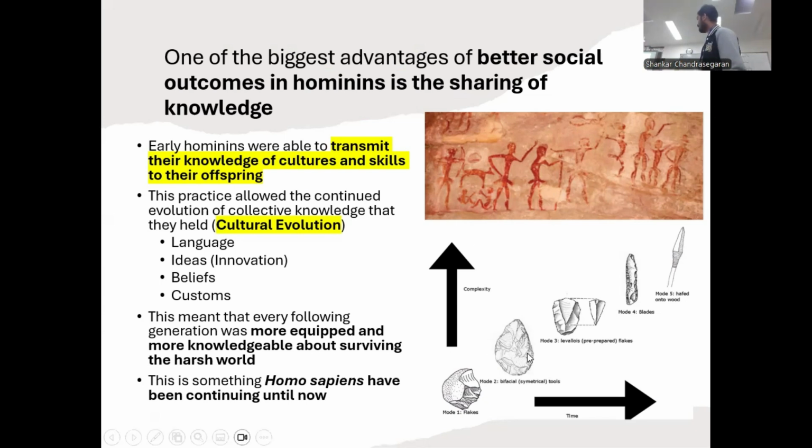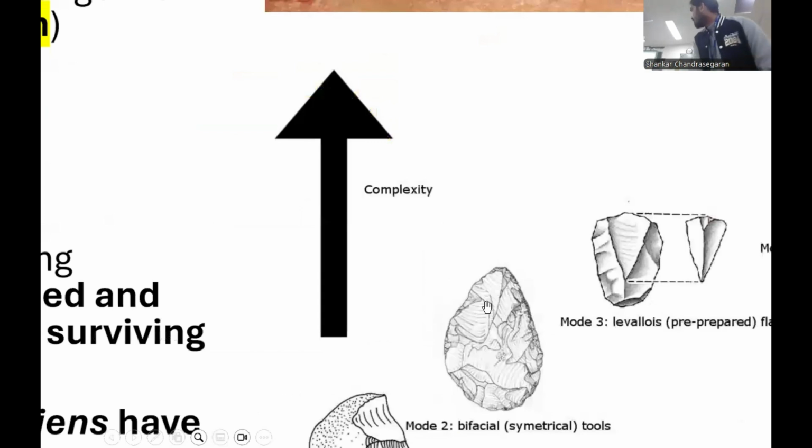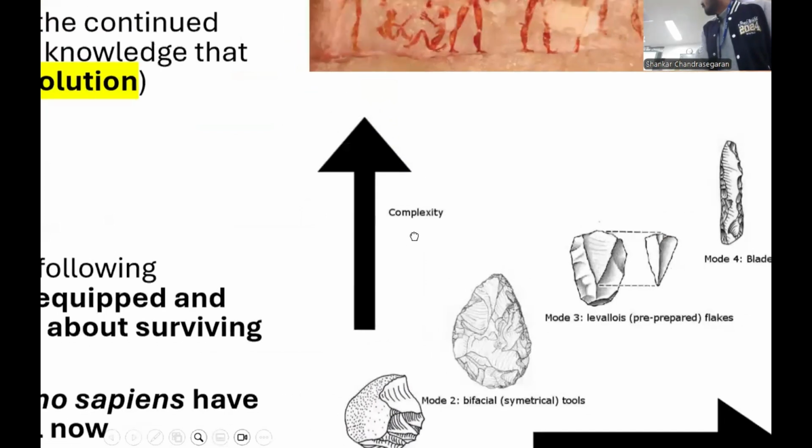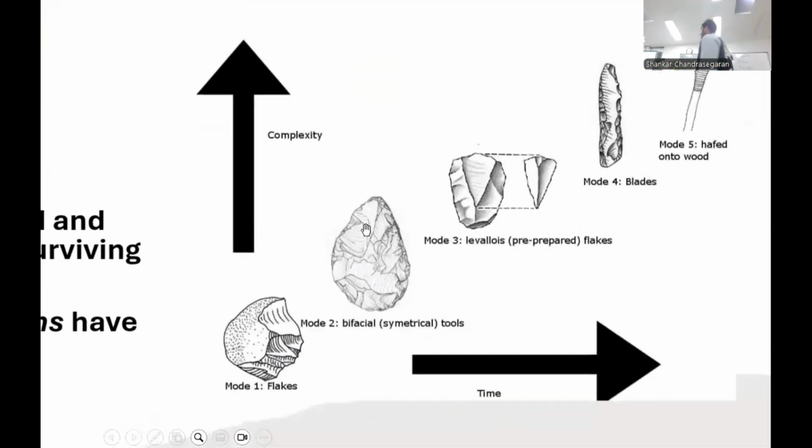And you can see what the benefit is here, right? So essentially, tool making started out with something as simple as a stone, right? And if no one passed on the knowledge of how to make it better, or no one passed on the knowledge of tools, then it would have stayed right there.